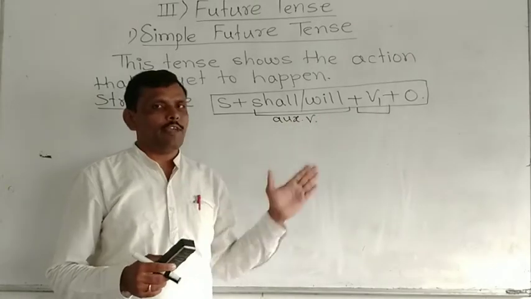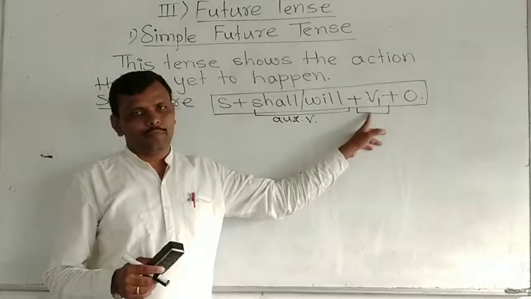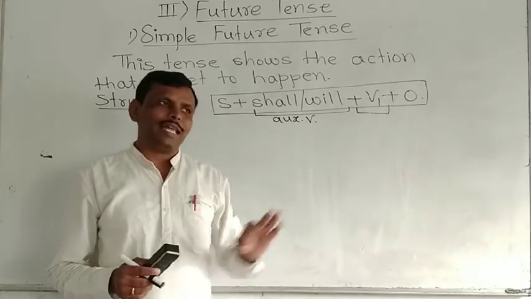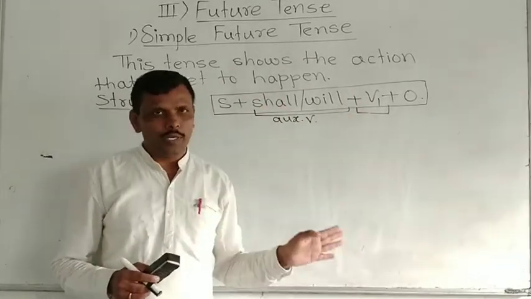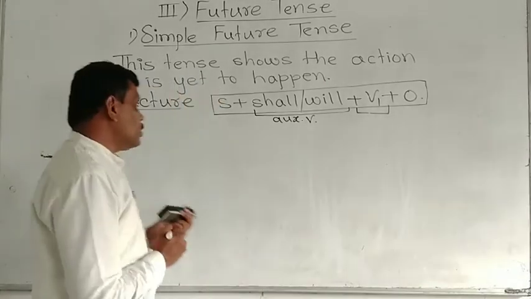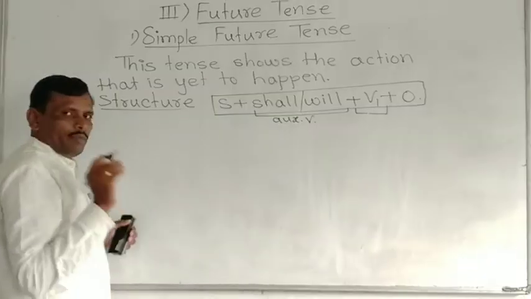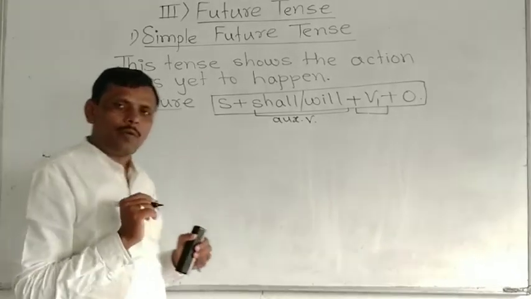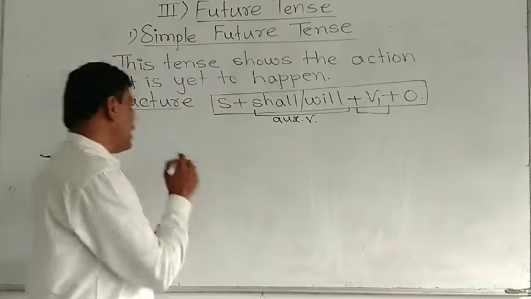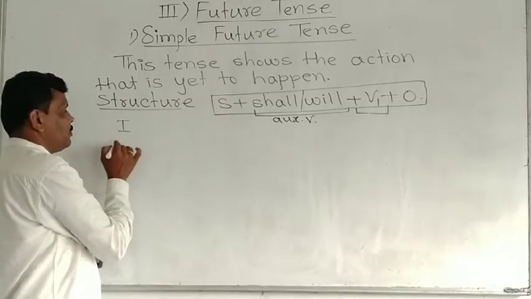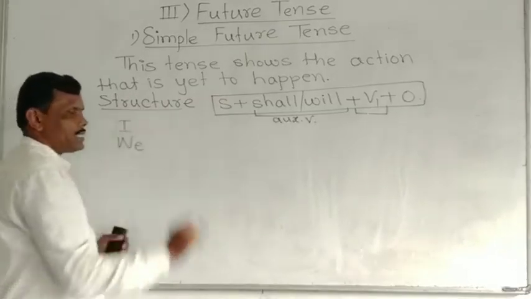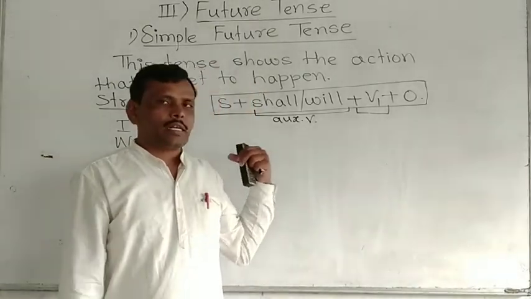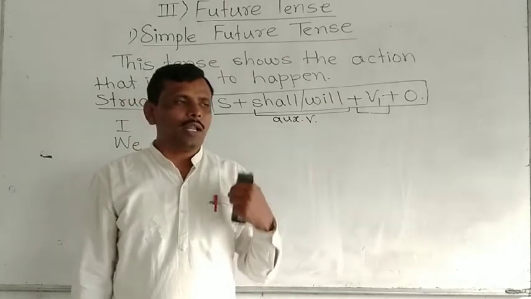Subject plus shall or will plus V1 should be there. After shall or will we have to use V1, that is the base form of the verb. Now look, what are the first person pronouns? First person pronouns are I and we. I is a first person singular pronoun and we is a first person plural pronoun.